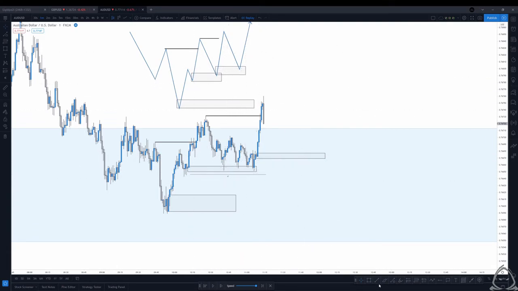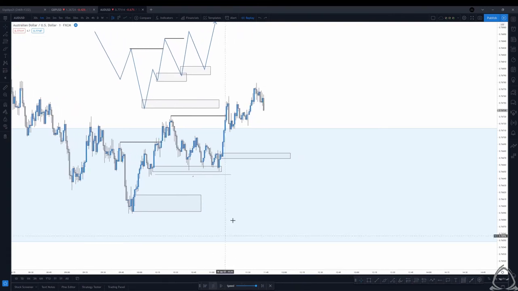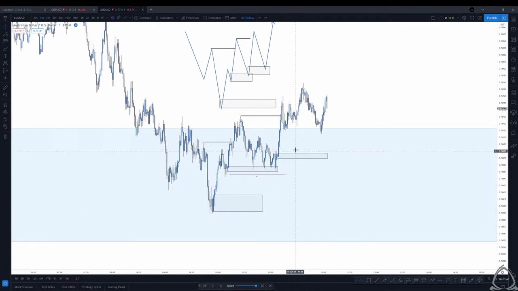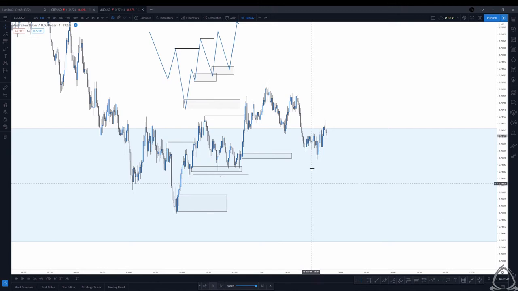And the interesting thing about this is we do have liquidity resting above here. So a lot of traders would be looking to take buys here, and if price comes down, taps this order block and continues, they're going to sit there scratching their head, and then we might see some trend line liquidity. But if we just play price forward, we'll see, do we tap into that order block or do we continue to push higher? And what we can see is we tap into the order block almost perfectly.